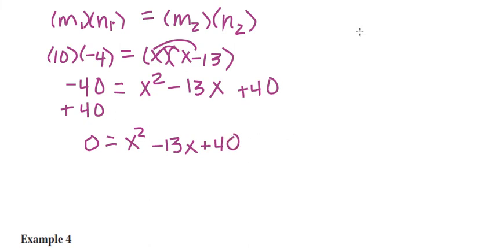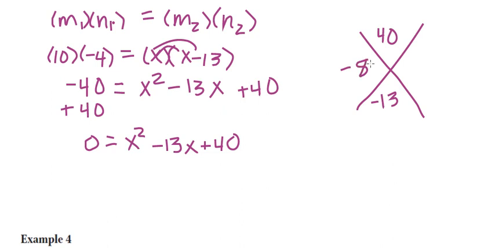All right, well, I know I need things that multiply together to give me positive 40, but add to give me negative 13. Don't freak out, they exist. Just think for a second. And they are negative 8 and negative 5.